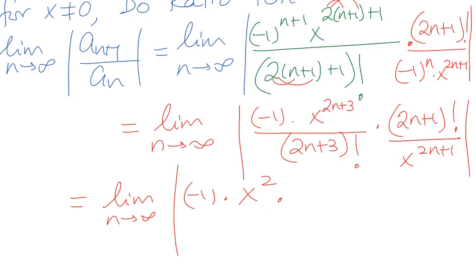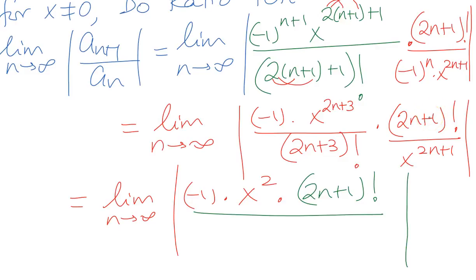Then we have to deal with factorials. Of these two factorials, 2n plus 3 factorial is the larger one. So what we are going to do is rewrite the larger factorial using the smaller factorial. The smaller one is 2n plus 1 factorial.